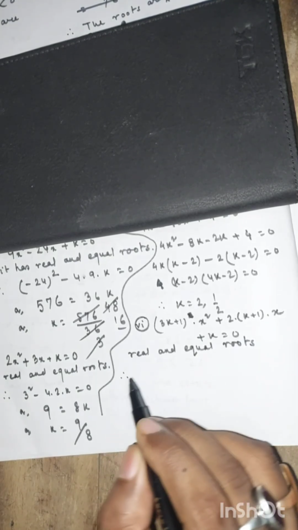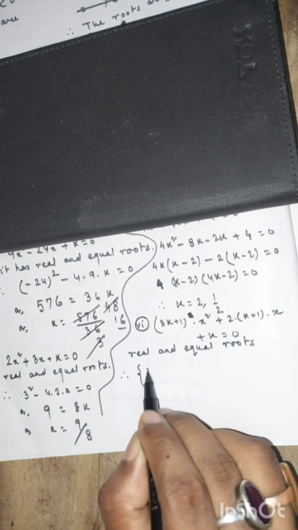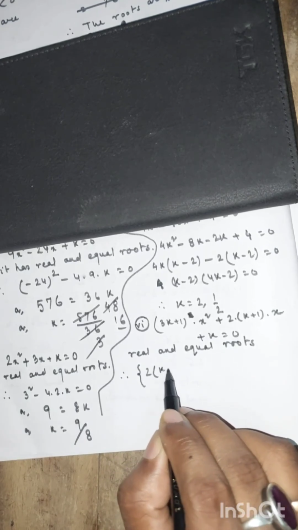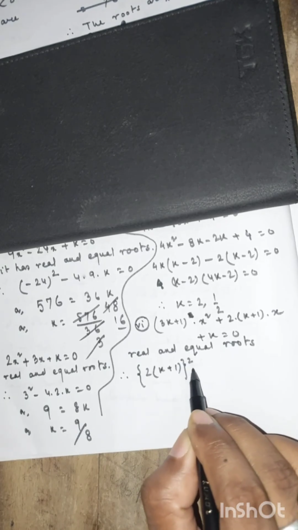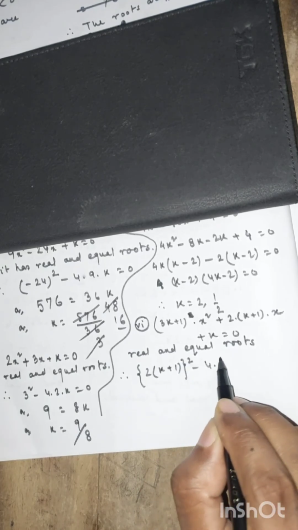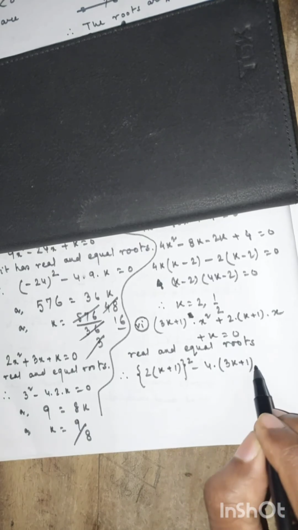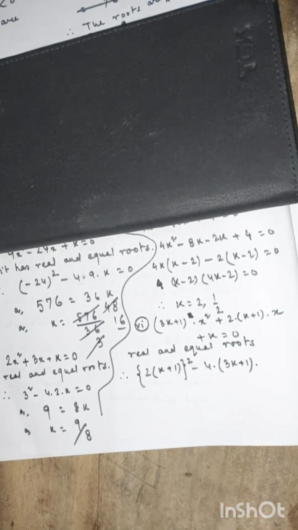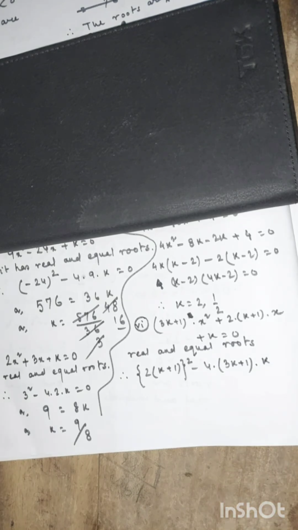Therefore b square minus 4ac equal to 0.